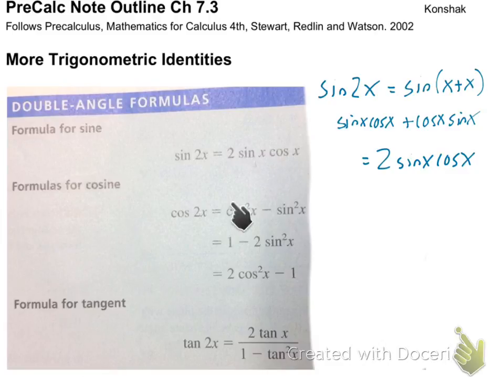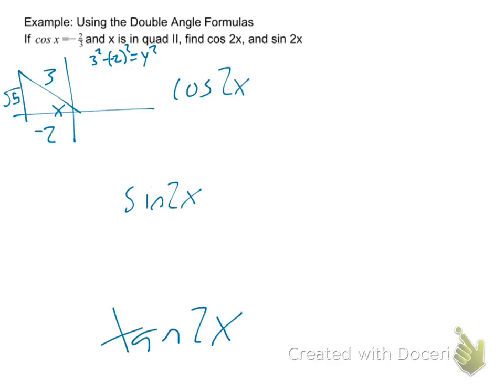I could fill those in. Down here, I can choose any of these three. And in the last one, I can choose this one. Yes, you should. Now, I think the easiest one, sine of 2x is 2 sine of x cosine x.